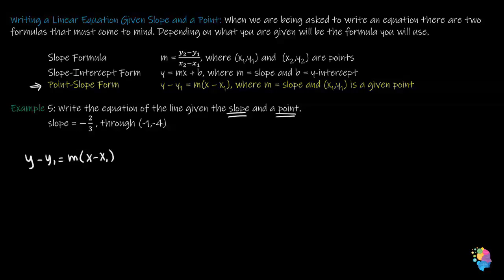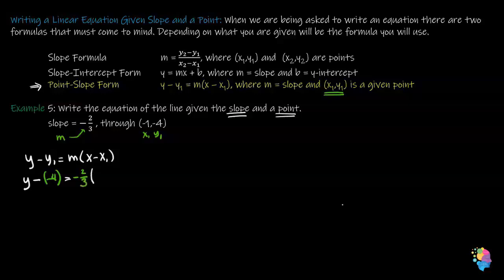Remember, the slope is represented by the letter m, so in this case it's negative 2/3, and the point is represented as x1, y1. Okay, so let's plug it in. So we have y minus, and then I'm going to enter y1. So y1 in this case is negative 4 equals, we replace m with the slope, that is minus 2/3.